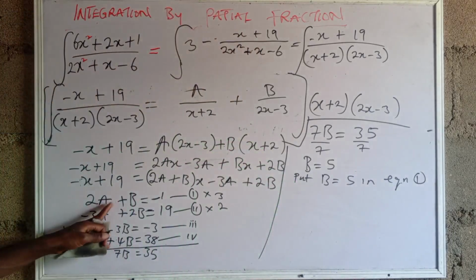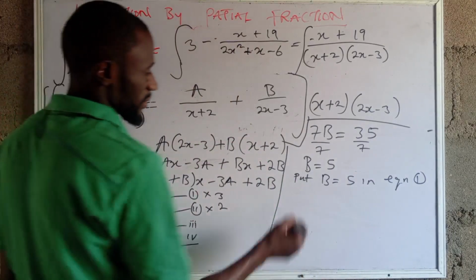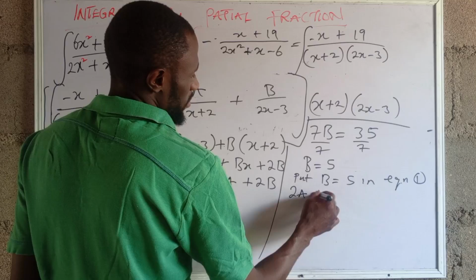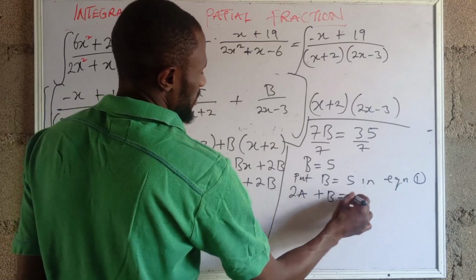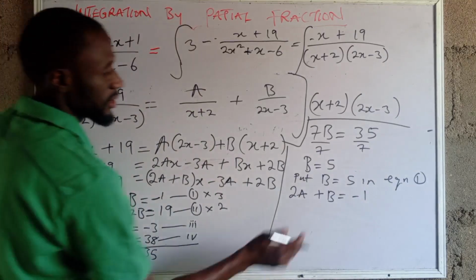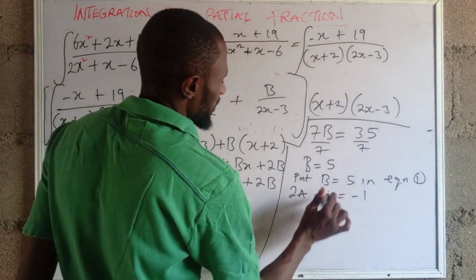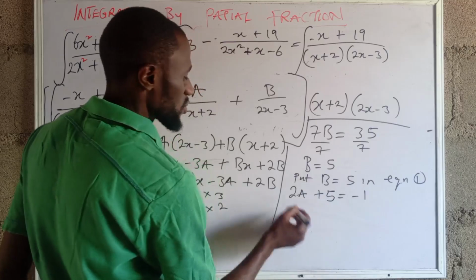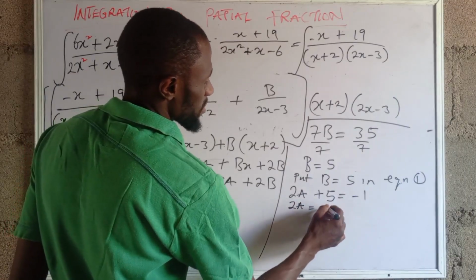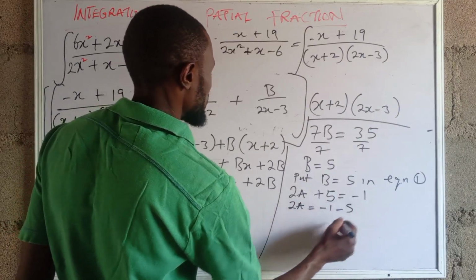Where is equation 1? 2a plus b is equal to minus 1. We have 2a plus 5 is equal to minus 1. We substitute into equation 1, that is, we put 5 here. We have 2a is equal to minus 1 minus 5.